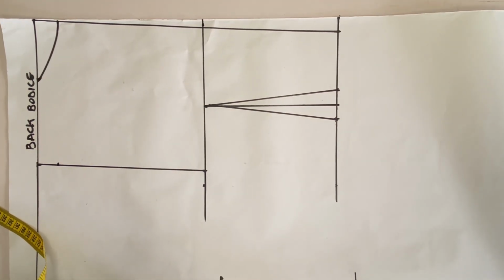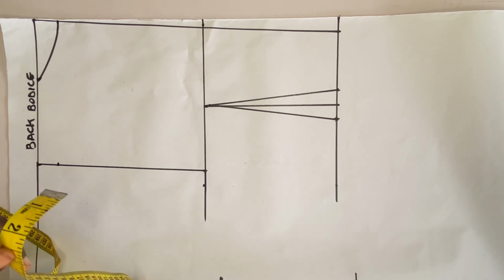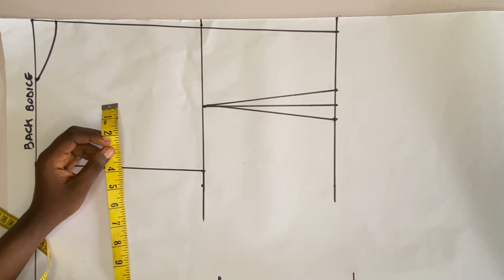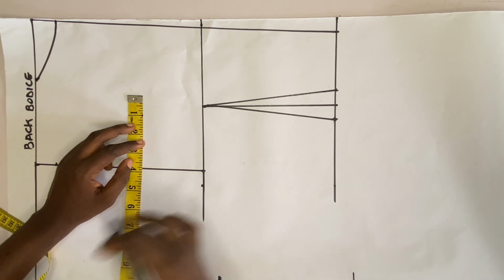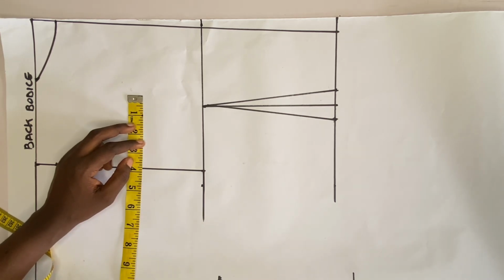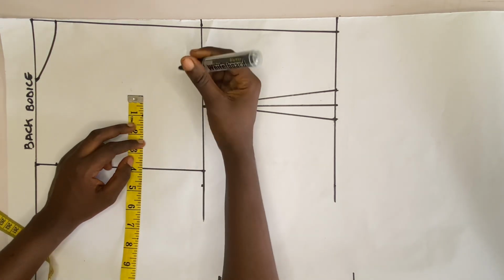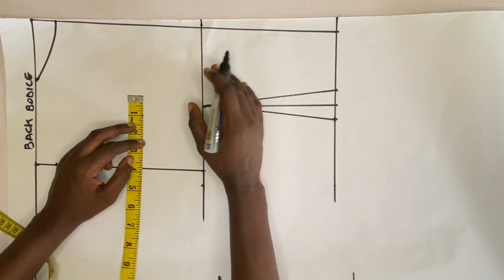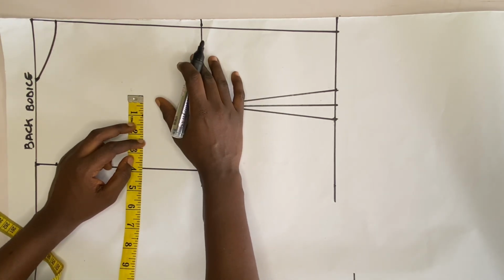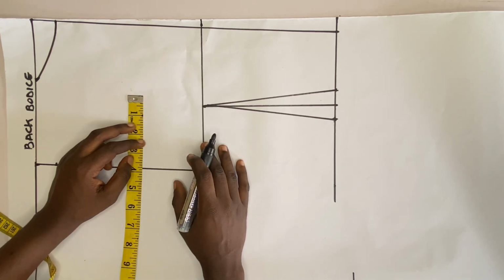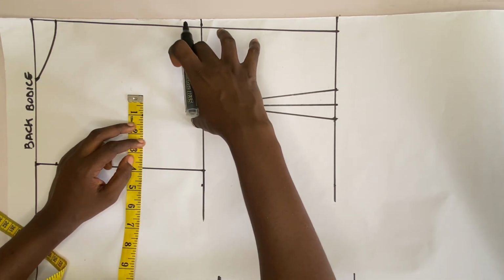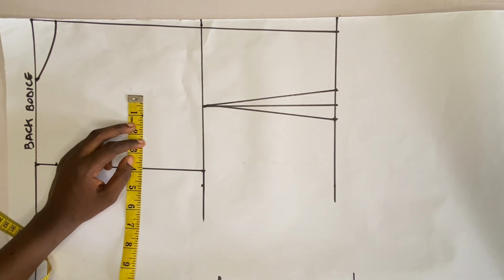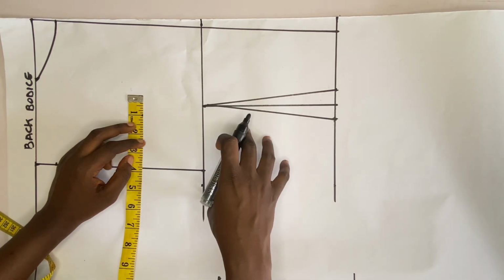So you remember, I said for the chest line, for the bust measurement, we have the across bust and the actual bust, and we use the across bust for the front bodice. So for the back, we are going to be saying our actual bust measurement minus the across bust that we use. So for me, my actual bust is 36 minus 18.5.